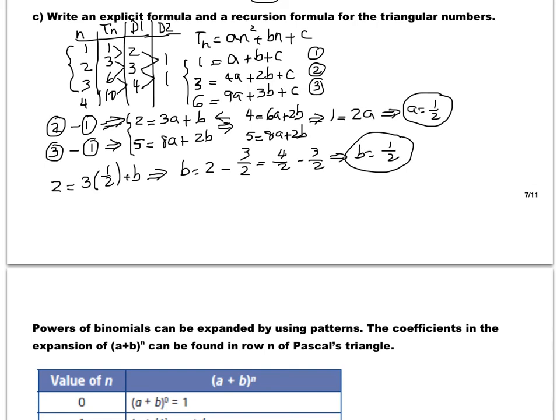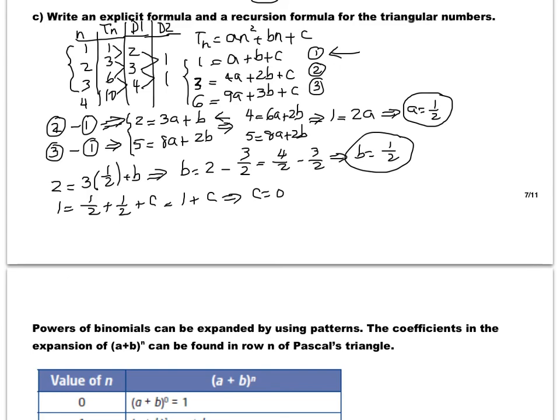Since I have a and b, I can put them back in any one of the equations. I'm going to pick equation number 1 because the coefficients are all 1. So I'm going to get 1 is equal to a, which is 1 over 2, plus b, which is 1 over 2, plus c. Now 1 over 2 plus 1 over 2 is 1, plus c. So this means that c is equal to 0.